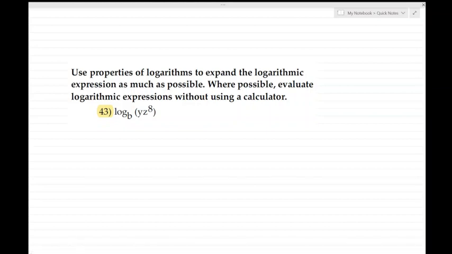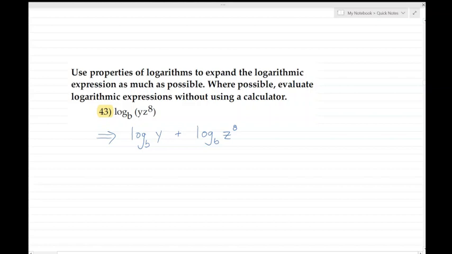So that means we'll have log base b of y. You could put it in parentheses or without parentheses, as long as you know that that's the argument. And then the product becomes a plus, log base b of z to the power 8.